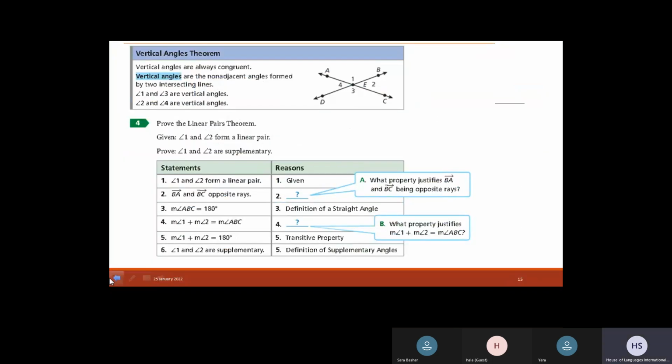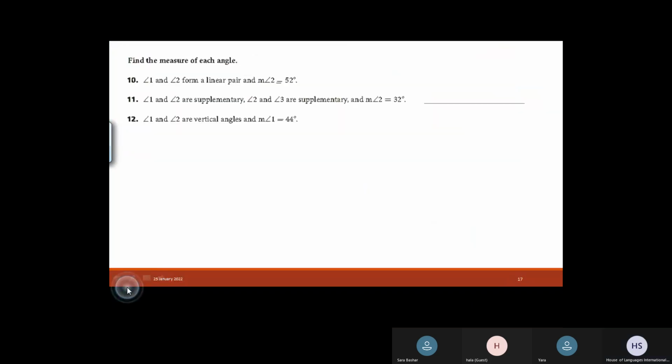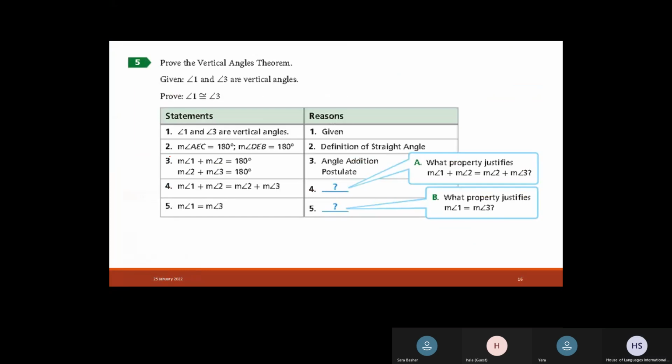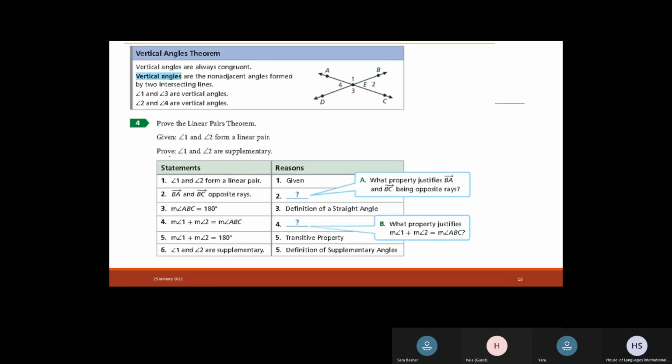Now, here we have two lines, and they are intersecting and form 4 angles. He told me that, given the information, angle 1 and angle 2 are a linear pair. So this is angle 1 and this is angle 2.